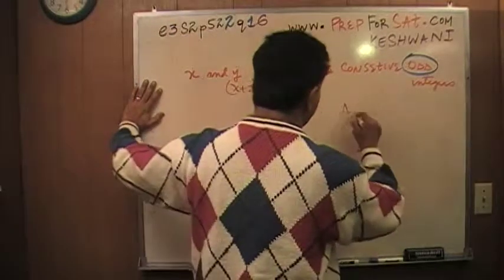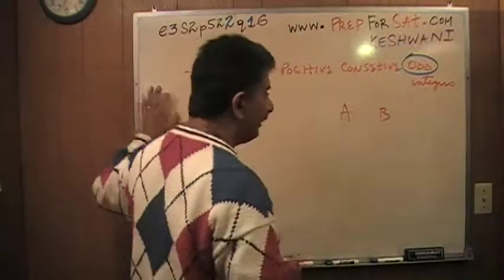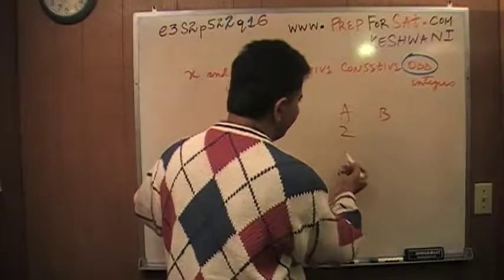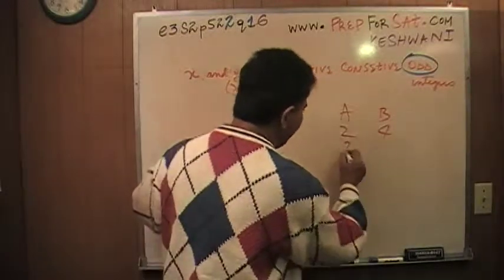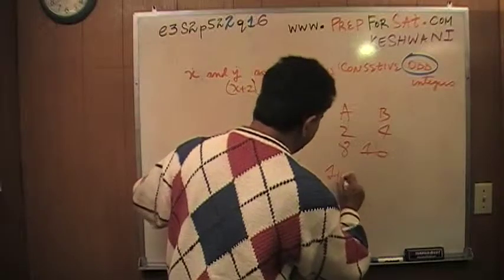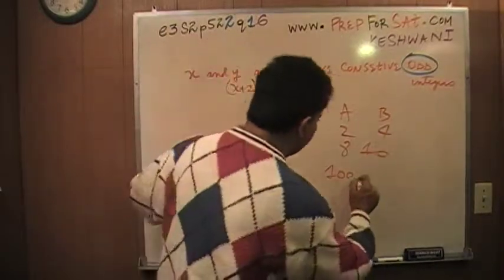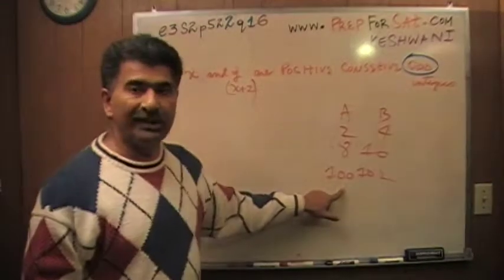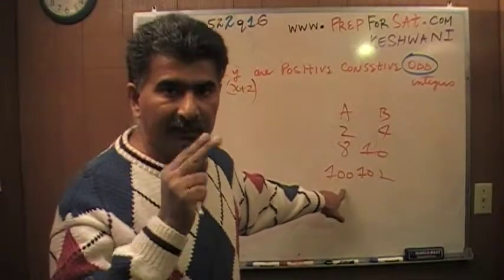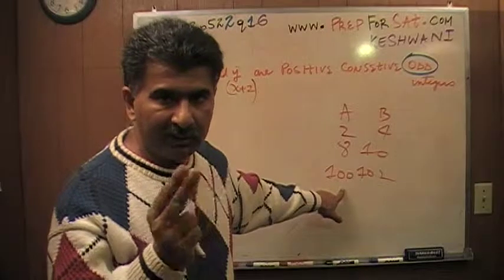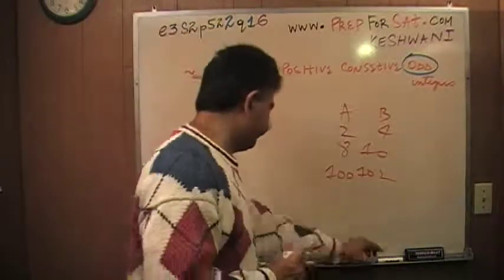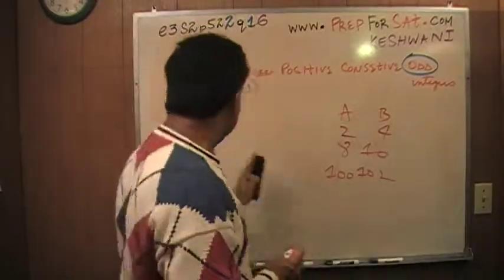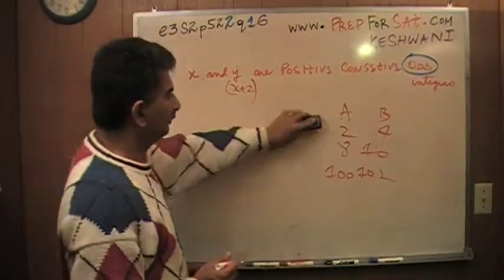If this is 2, this has to be 4. If this is 8, that has to be 10. If this is 100, this has to be 102. As you can see, if they're consecutive odd or even integers, the difference between the two adjoining numbers is 2. So if this is x, this is simply x plus 2.